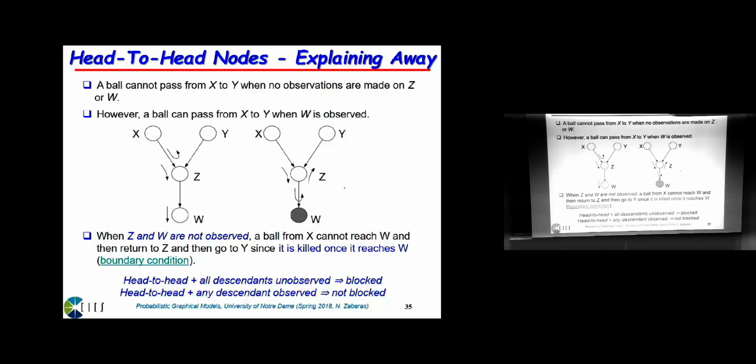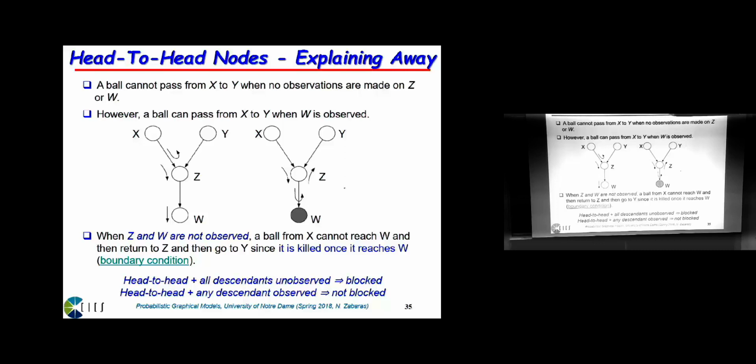Can I go, however, from X to W? Yeah, because this is head and tail, this is unobserved. This path is not blocked. Then I reach W, and what happens to the ball in W when W is not observed? It goes out. So the ball is lost. It will never come back.